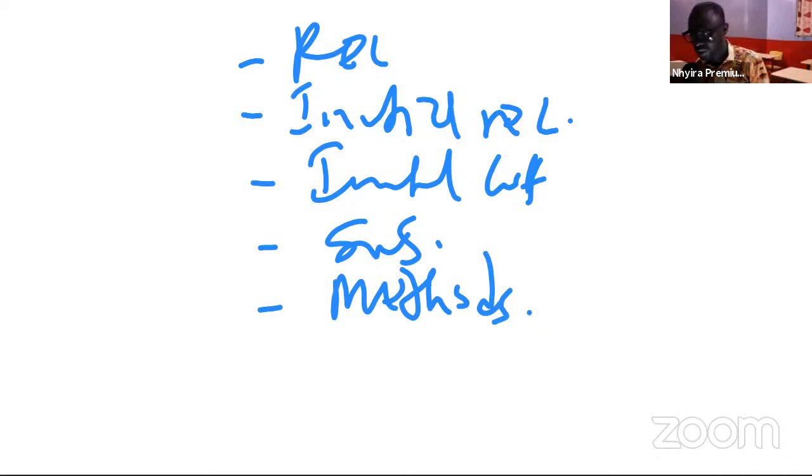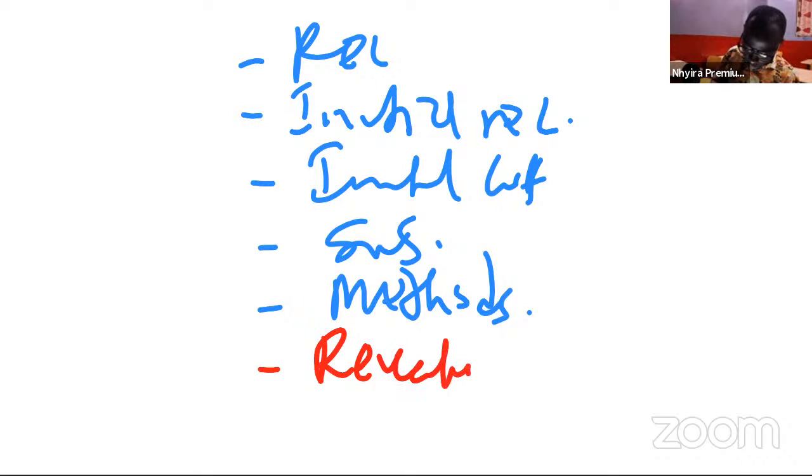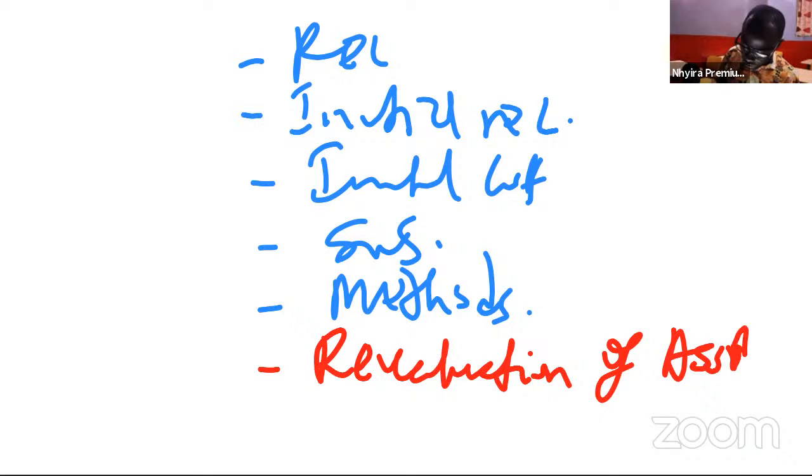The next thing is to talk about revaluation of assets. Now, when it comes to revaluation of assets, that's also a very huge area. This is where IAS 12, that is income tax, can come to town. But I'm going to be touching on that, God willing, tomorrow as we continue with the discussion.